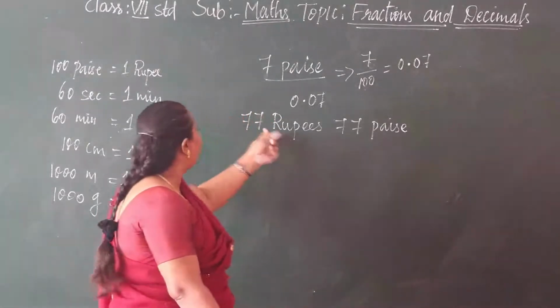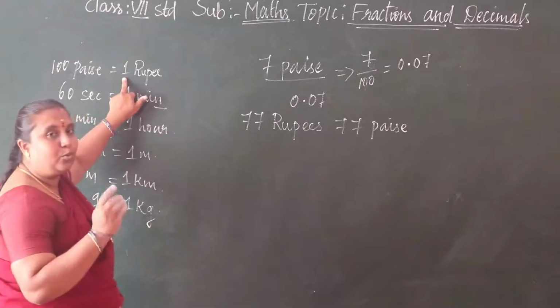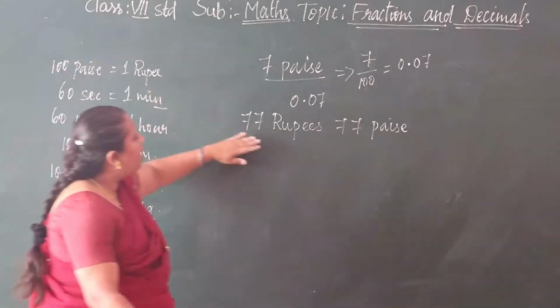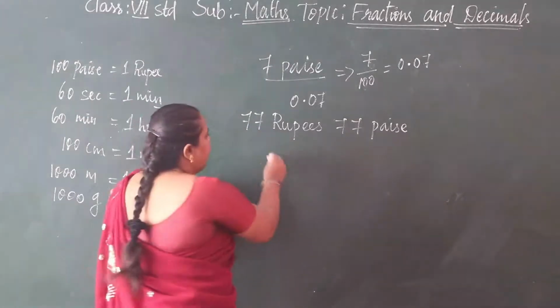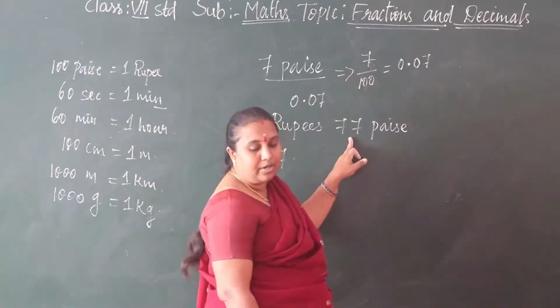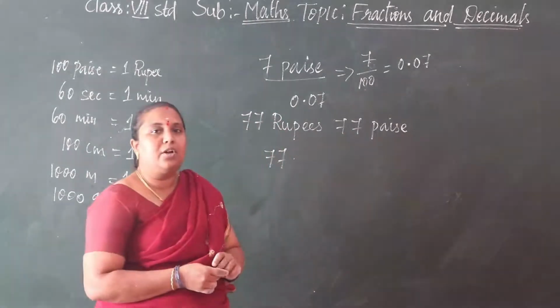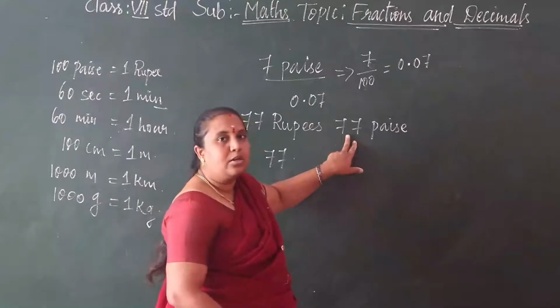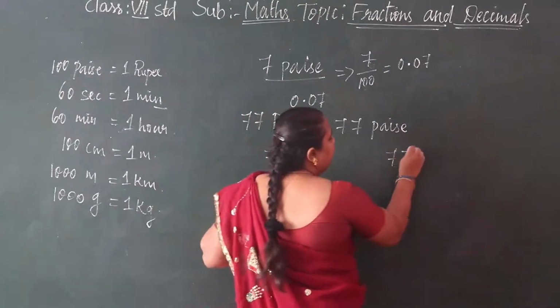Why? Because in rupees you write 1 rupee, 2 rupees as it is; you can divide it by 1. So we have 77 as it is, and we divide the paise by 100. So 77 by 100 gives two decimal places.